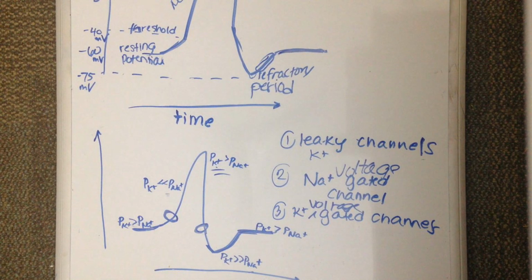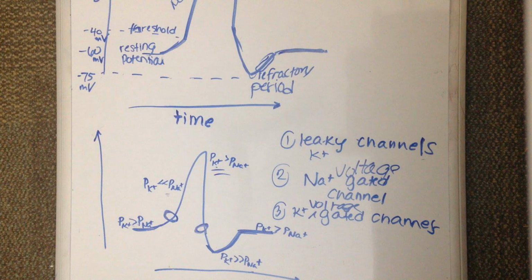So let's take a step back and talk about the Nernst potential and the Goldman equation. Basically, they say that, depending on the permeability of the ions, the cell will migrate to the Nernst potential of the ions that it's most permeable to.